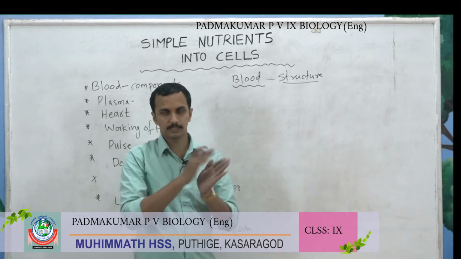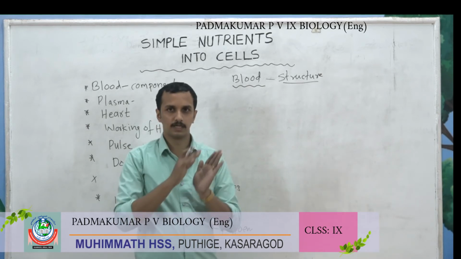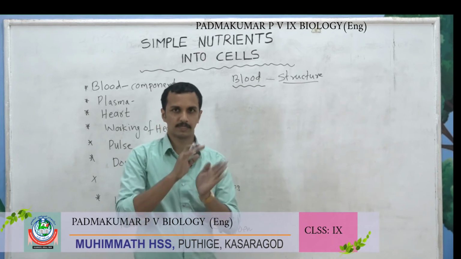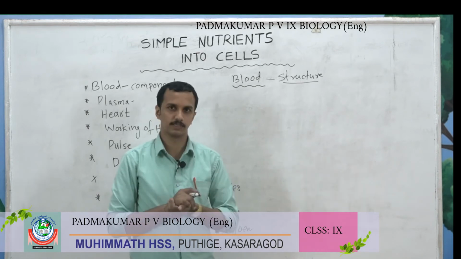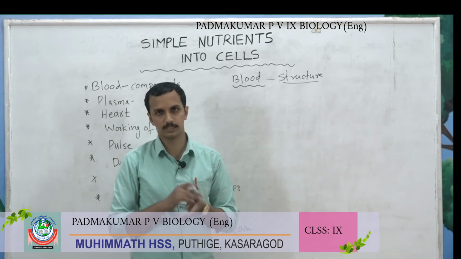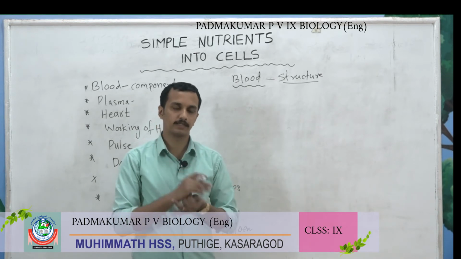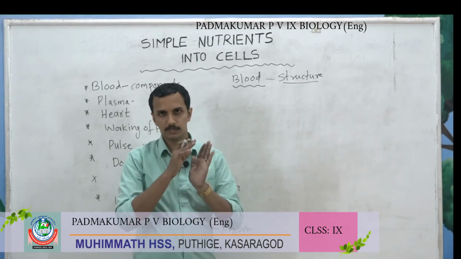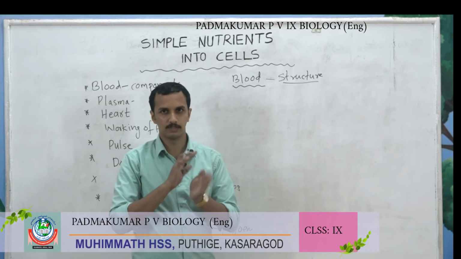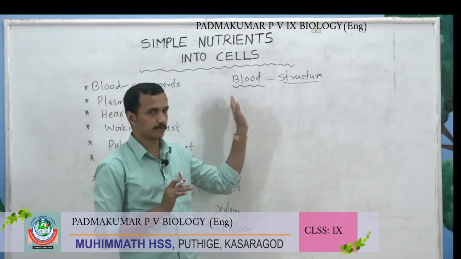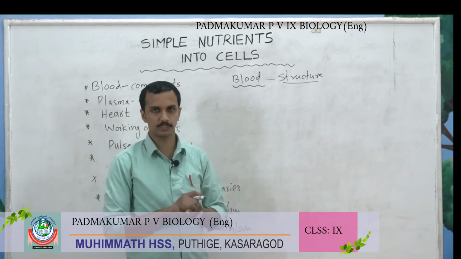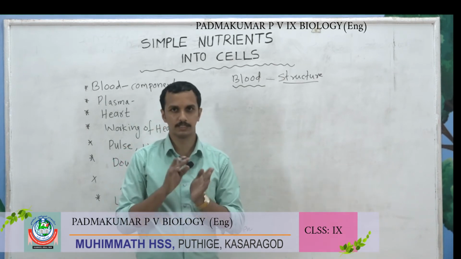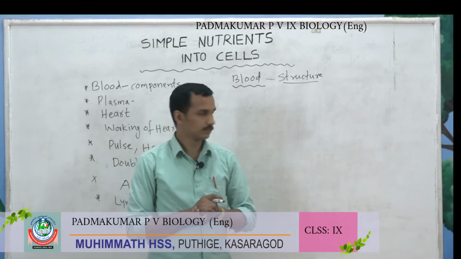Then in the second chapter itself you already learned that there are different types of absorption processes. What are they? Osmosis is there, then diffusion is there, active transport is there, then facilitated diffusion. This already you studied, so I am not dealing with that topic. Today we are dealing with the blood. First you have to study about blood. Structure of blood is included in your chapter.